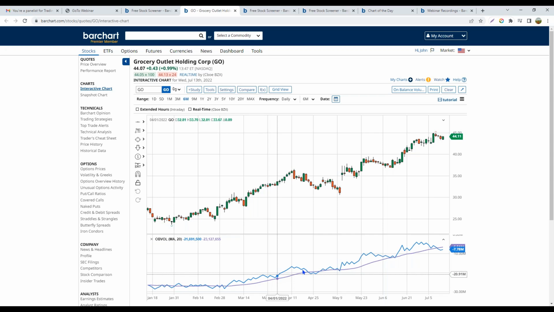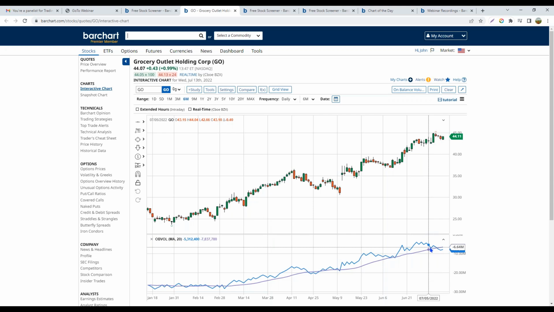Again, look at our unbalanced volume. Every time we're making a new high, our unbalance is going higher. Every time. Higher highs, higher unbalance, right? Now, what has happened? In recent weeks we've made a couple of new highs, but our unbalance has not.